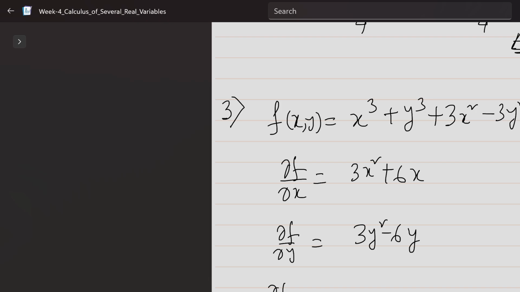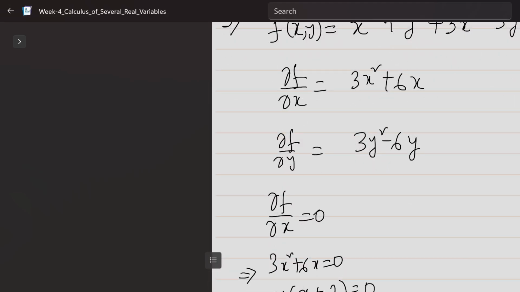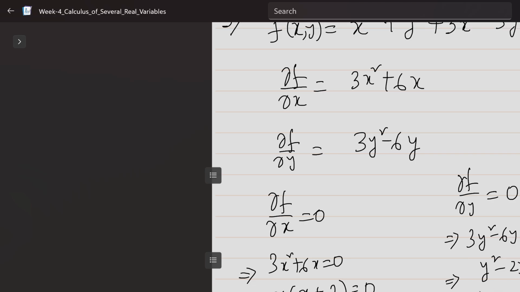So x is 0 or x is minus 2. So what about y? Del f del y equal to 0, that means y square minus 2y is 0. So y is 0 or 2.